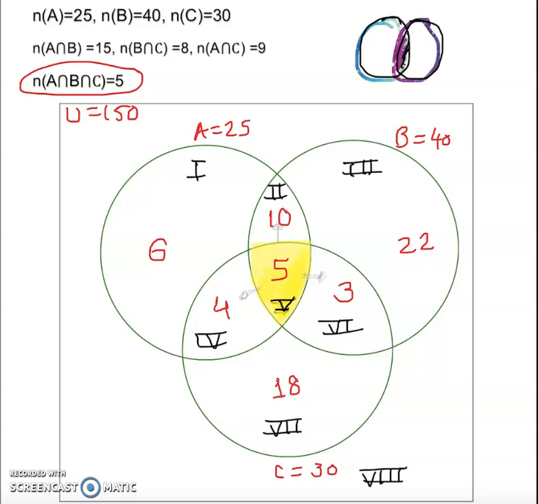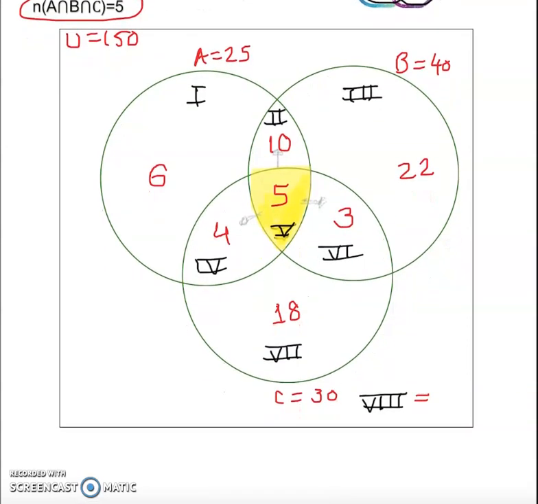Now I have almost everything, but how about this one on the bottom? Okay, so this one in the bottom, we're going to find out like this. We do 150 minus 6 minus 10 minus 22 minus 4 minus 5 minus 3 minus 18.